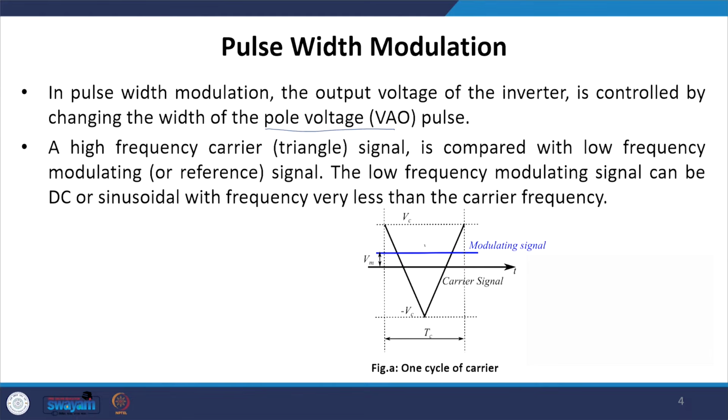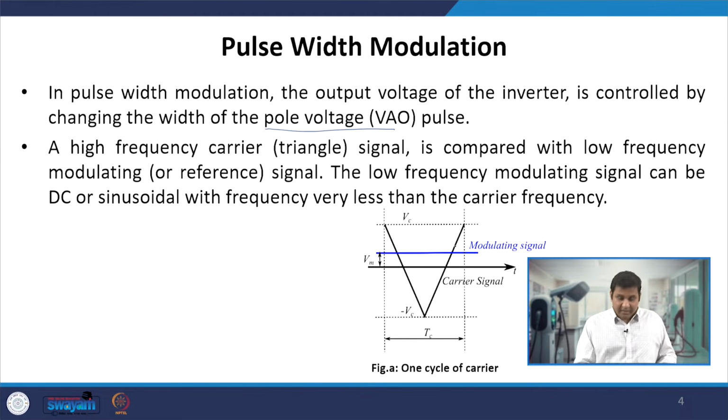Now, we are taking a high frequency carrier, which means the frequency of variation of the modulating signal is very small compared to the frequency of the carrier signal.